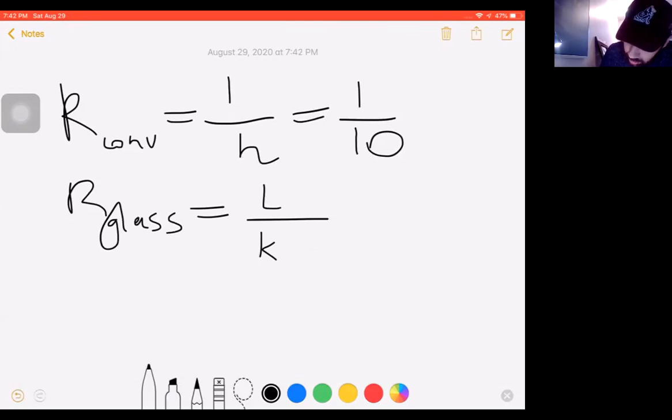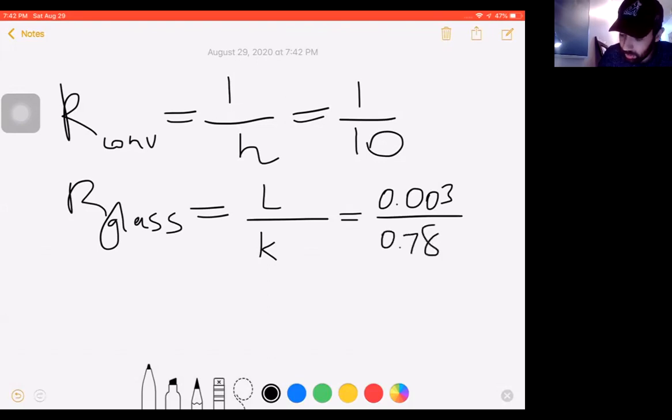I won't include area here, so that would be equal to length, which was 3 millimeters, over K, that is 0.78. This was the conduction constant for the glass, and this amount is equal to 0.00385.